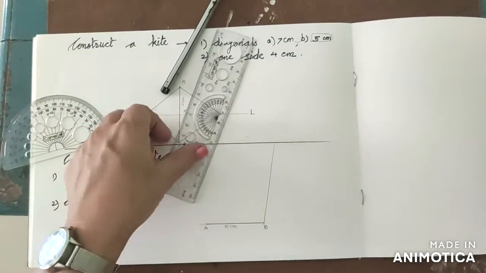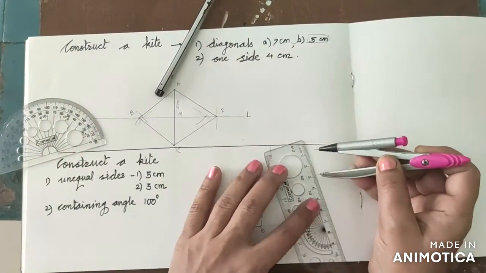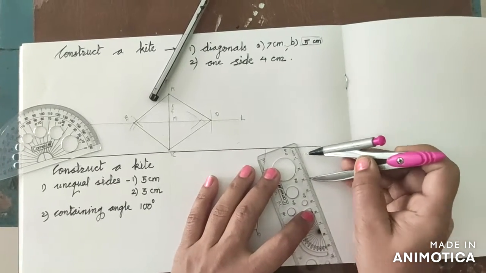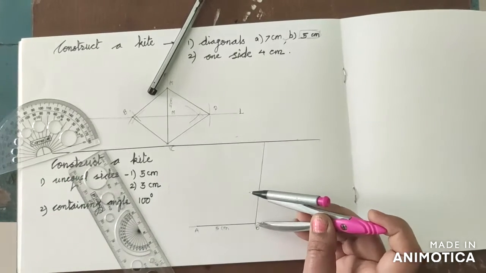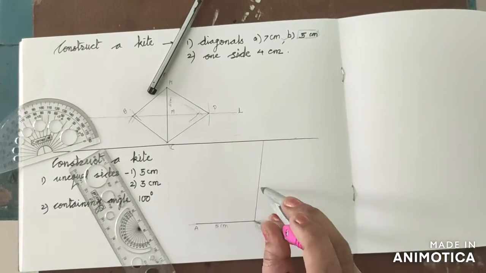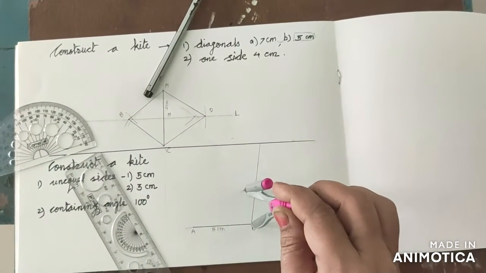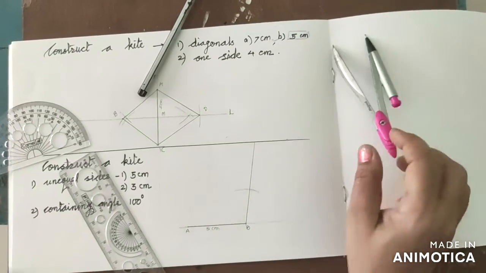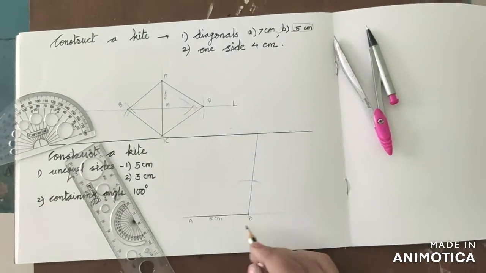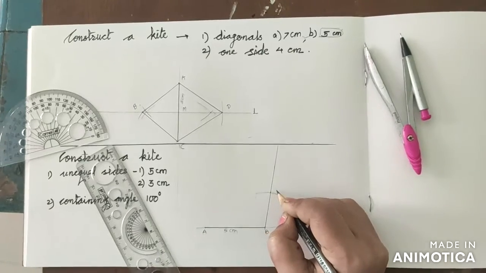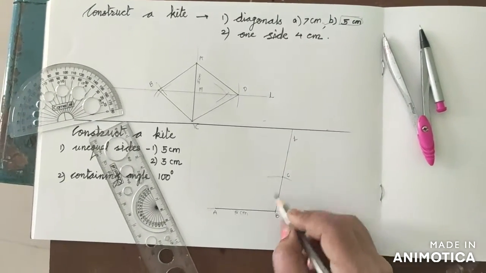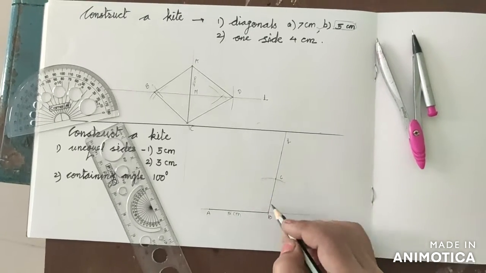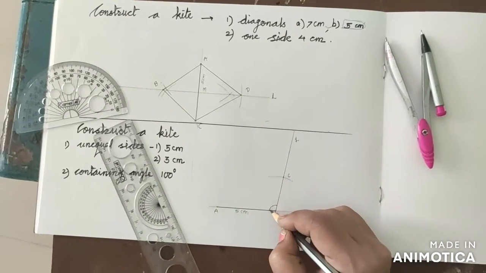So take 3 centimeter again in our compass, and placing at point B, cross that line. So ABC, and you can name this line as line L. ABC, we get two lines and one angle.